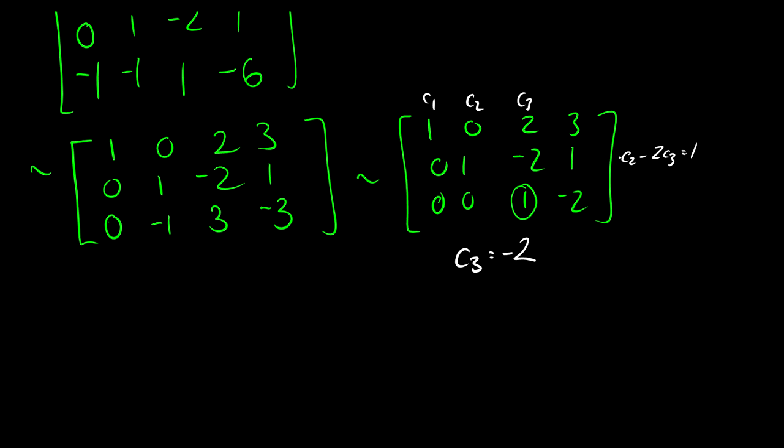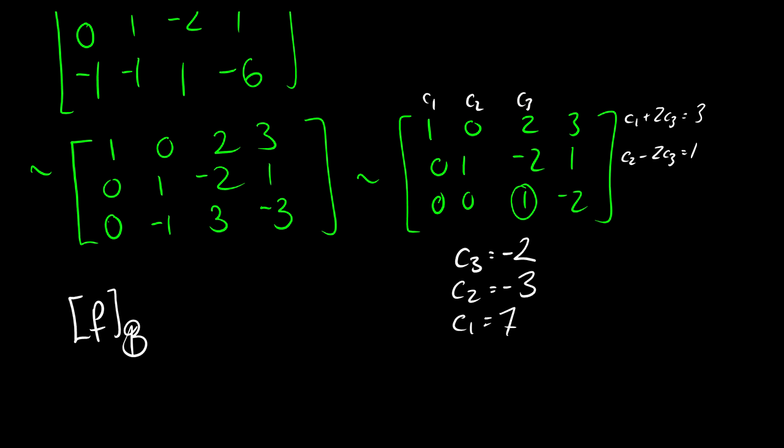So C2 plus 4 is equal to 1. So our C2 is going to be negative 3. And then our first row says that C1 plus 2C3 is equal to 3. So C1 minus 4 is equal to 3. So C1 is equal to 7. So therefore our polynomial, with respect to B, is going to be the vector 7, negative 3, negative 2.